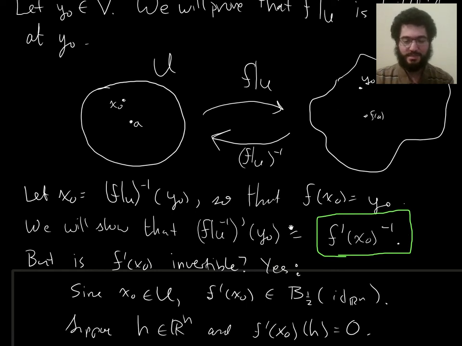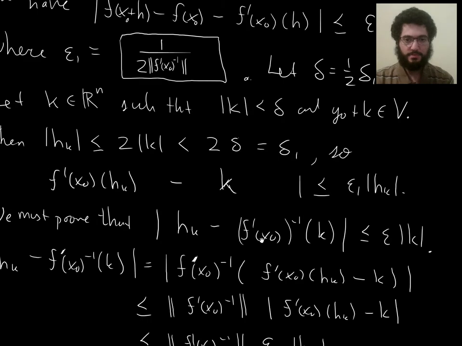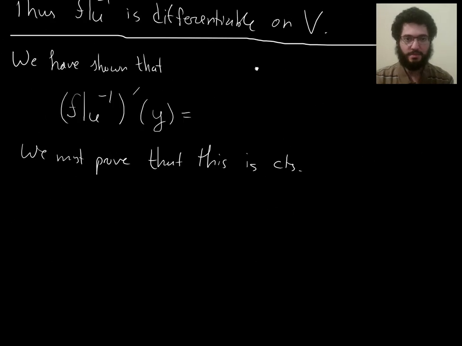But to state that a little bit more carefully, the derivative of the inverse of f restricted to U at y0 is the inverse of the derivative of f at the unique preimage for y0 that lives in U. So y0 might not have a unique preimage, but it does have a unique preimage that lives in U, since f restricted to U is a bijection. All right, so all the way through, this is all stuff that we did before.